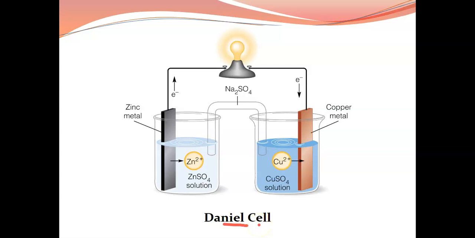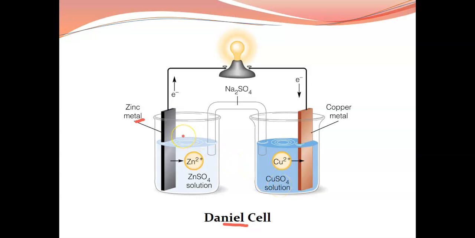A cell can be formed by dipping two electrodes in a solution of electrolyte, and also those electrodes are connected externally. Here you can see that there are two electrodes. One is a zinc metal which is dipped in a solution of zinc sulfate, which is an electrolyte, and there is another electrode which is a copper metal which is dipped in a solution of copper sulfate as an electrolyte.